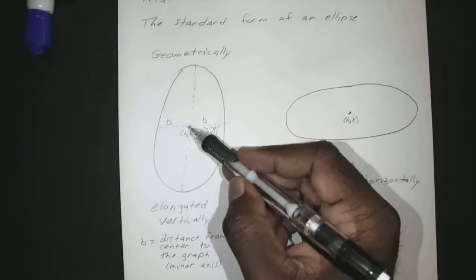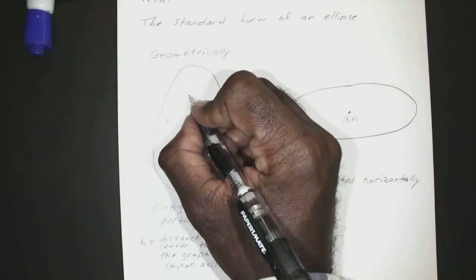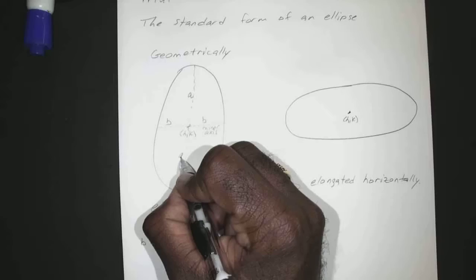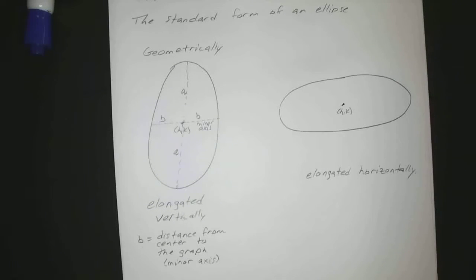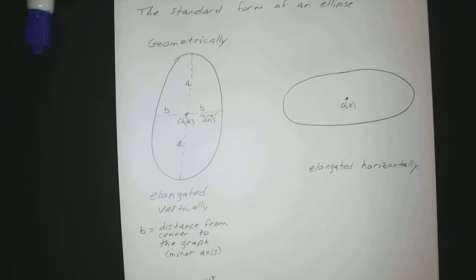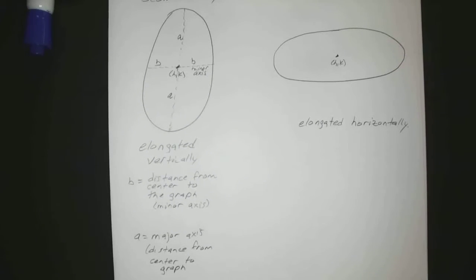So the distance from the center to the graph, we'll call that a, and that's your major axis, which is the distance from the center to the graph. Oh, sorry about that.